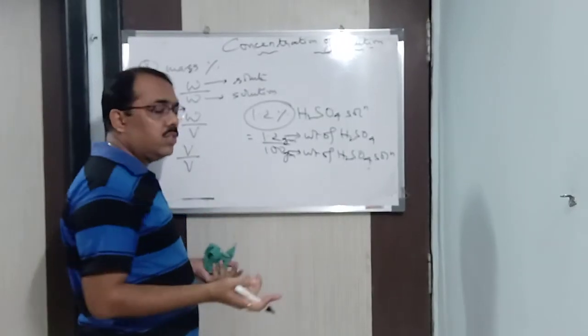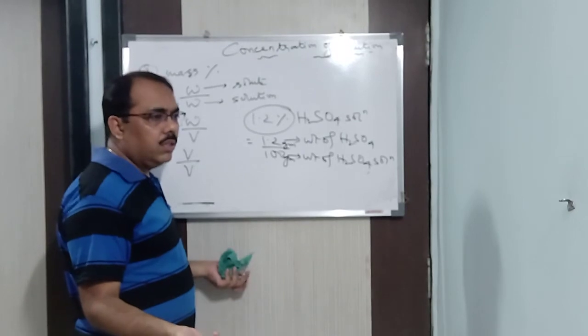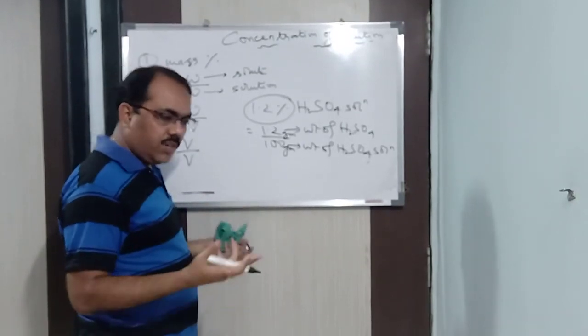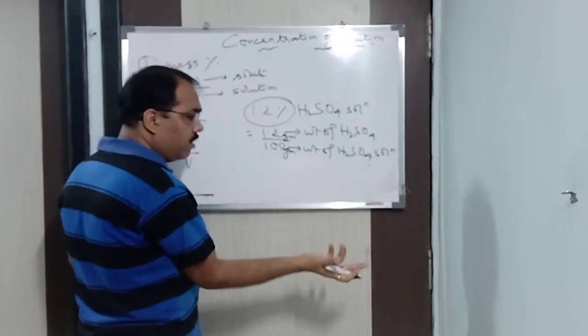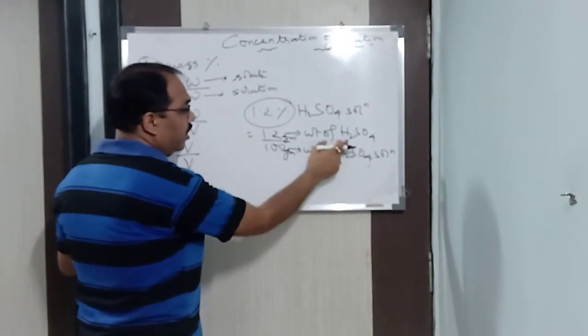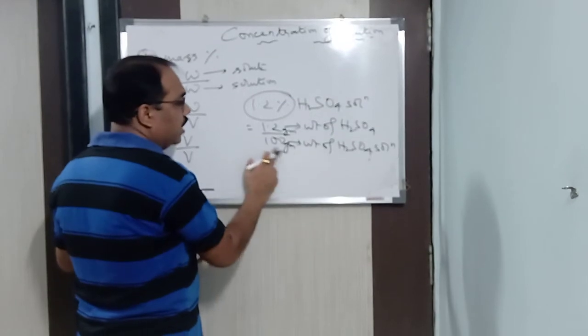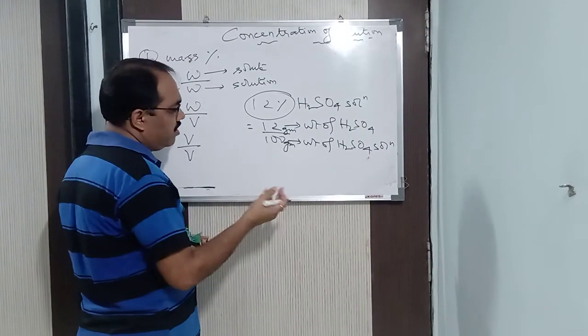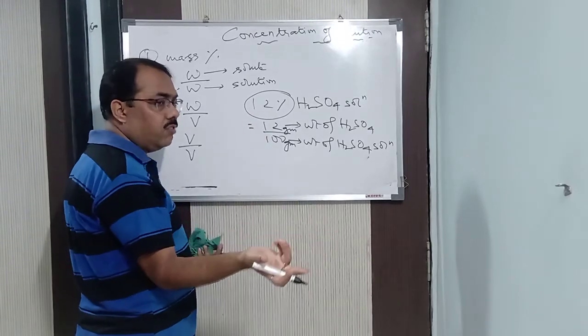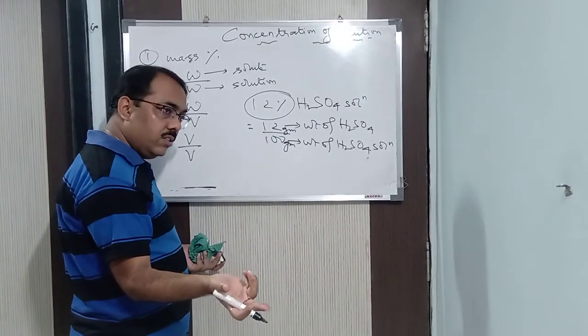Because H2SO4 forms a solution in water only. You dissolve H2SO4 in water only. So here H2SO4 is the solute and water is the solvent. So 1.2 gram is the weight of solute H2SO4 and 100 gram is the weight of solution. Now if I ask you what is the weight of solvent? Very simple, 100 minus 1.2, that is the weight of water or solvent.